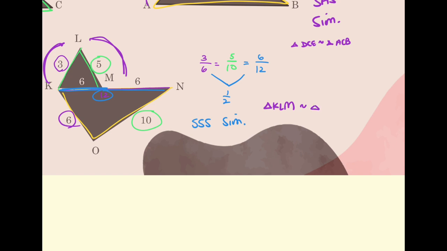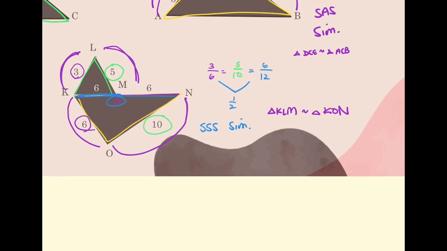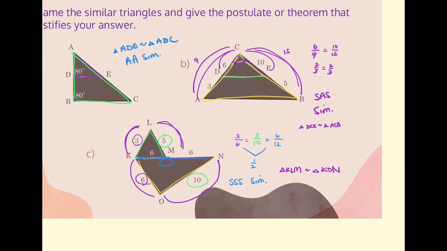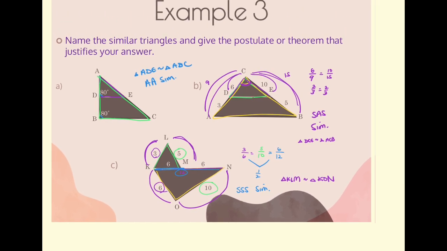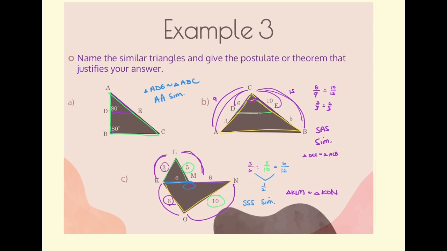Smallest side is 6, middle side is 10, which means this would be KON. And that would be the order the letters have to go. Again, they can be rearranged, but if you rearrange one triangle, you'd have to rearrange the order of the other so that the K's are both in the same spots, the L and the O are in the same spot, and the M and the N are in the same spot.